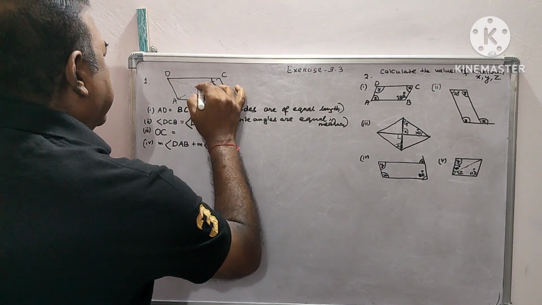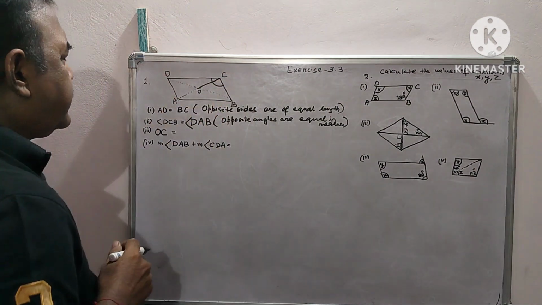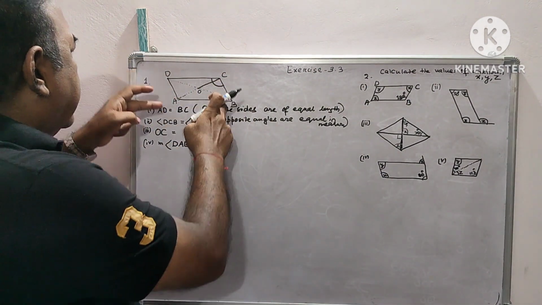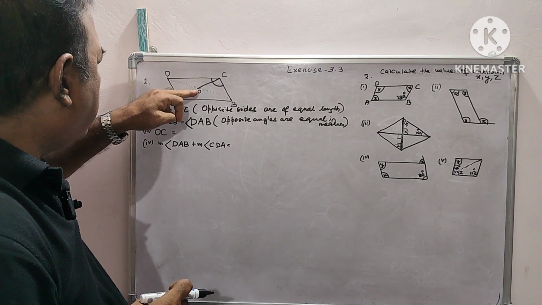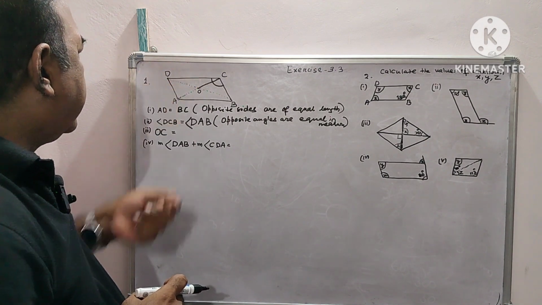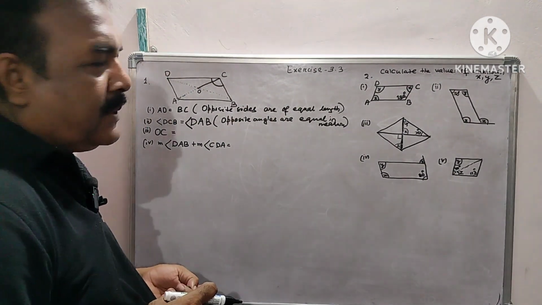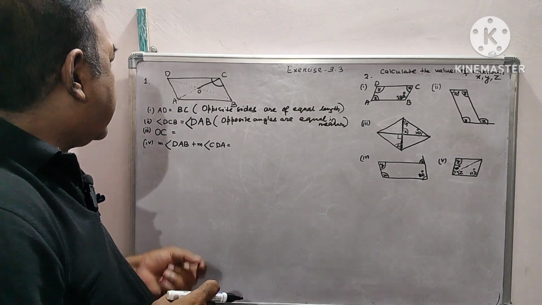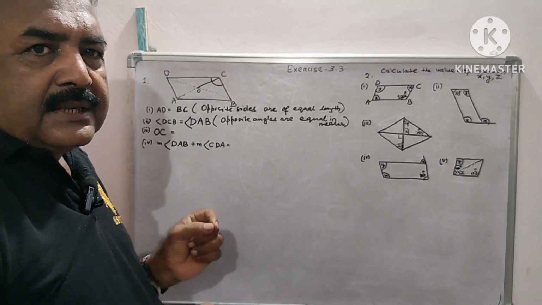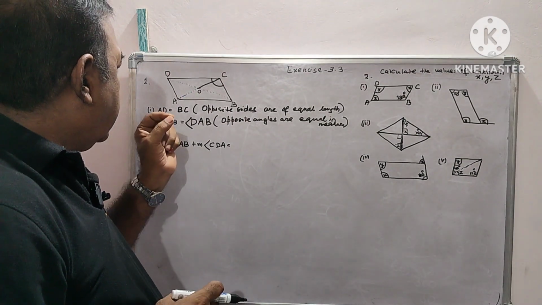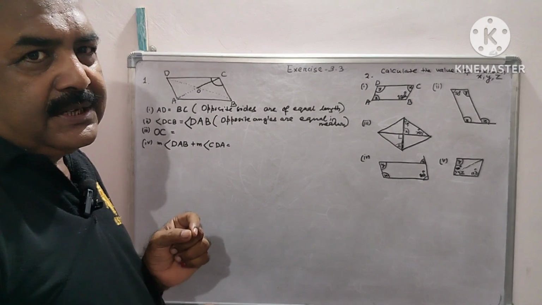Then come to OC. You see OC. What is O here? You see the two diagonals bisect each other at the point of their intersection. So O is the point of intersection of two diagonals. So what we have known about the properties of the diagonals: the diagonals of a parallelogram intersect, and at the point of intersection they bisect each other.